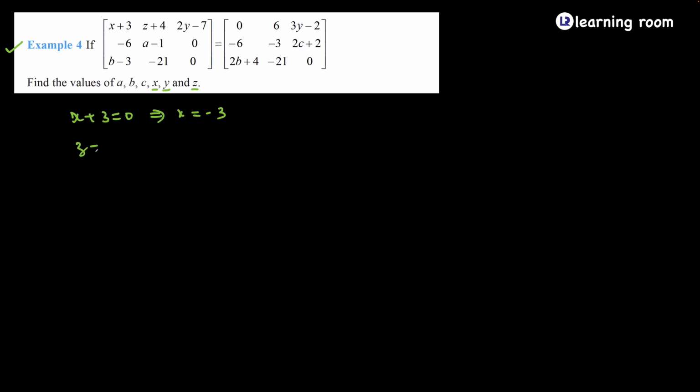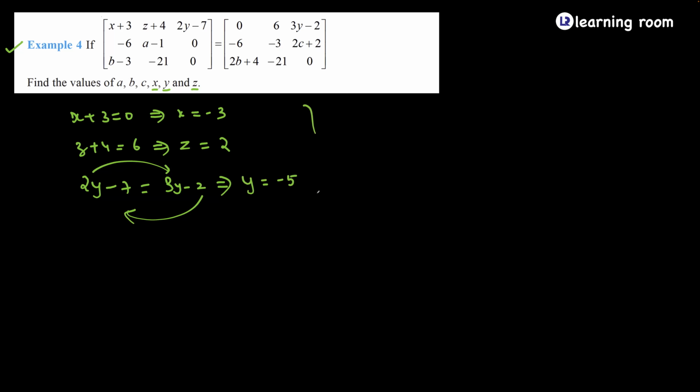Similarly, z plus 4 is equal to 6, which implies z is equal to 2, right? Similarly, 2y minus 7 is equal to 3y minus 2, which implies 2y will go to the other side, 2 will come this side, y is equal to minus 5, right? y is equal to minus 5. So x, y, z are found.